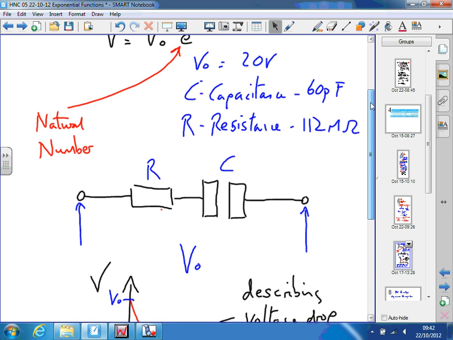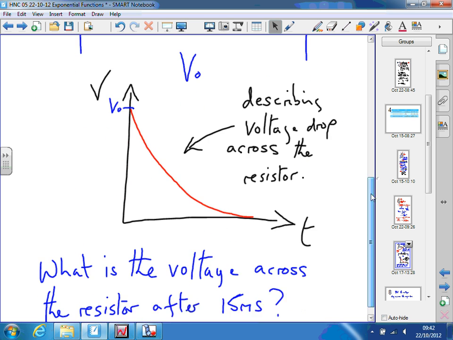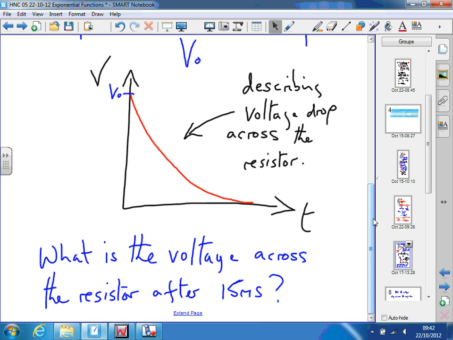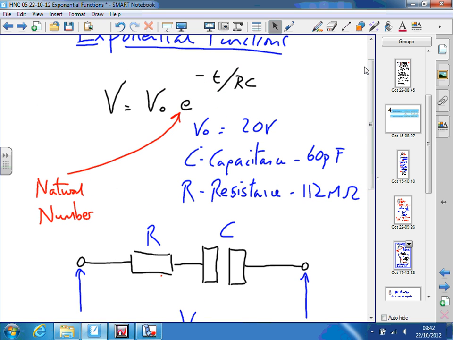So if I want to know what the value of the voltage is after, say, 15 milliseconds, then I could put the values into the function and work out the voltage. So with this function, and with the added information that the time is 15 milliseconds, calculate for me the value of the voltage after 15 milliseconds, being careful of units.